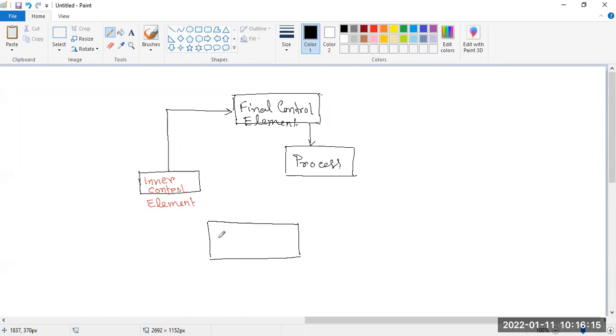So that impedance will be written as the square of the turns ratio, N1 by N2 whole square, into Z2. So let's write here in point form, that impedance can be transformed.